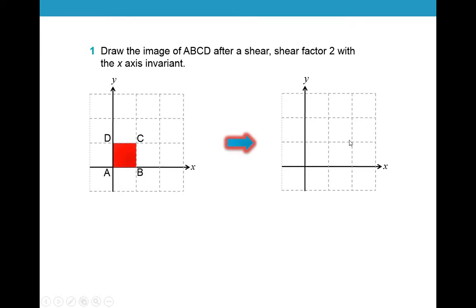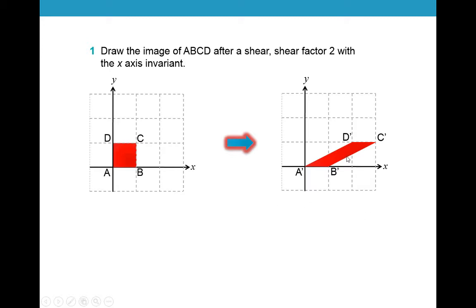So that is going to go across to here. Similarly, that point is 1 up, and it's going to go across here. So 1 up, it's going to go 2 across. So we get that situation where that is nailed shut and that is pushed across.